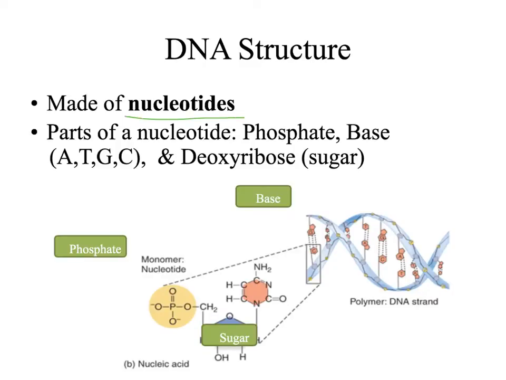Each little piece of the DNA is called a nucleotide, and there's a bunch of nucleotides that are strung together to equal the whole molecule of DNA. There are 3 parts to a nucleotide: the phosphate, the nitrogen-containing bases, which are adenine, thymine, guanine, and cytosine, and deoxyribose, which is the sugar. Okay, and they're pictured down here.